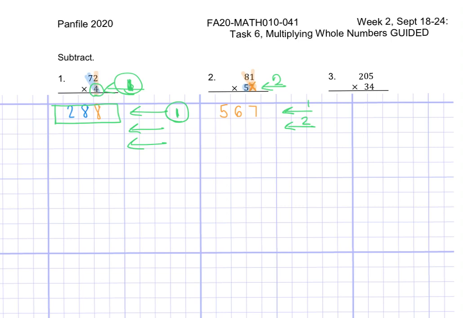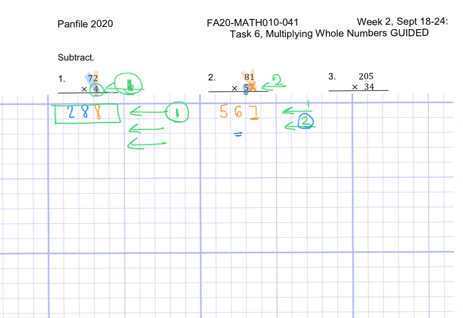Because we are starting this second line, we need to denote that somehow. Notice that the 5 is in the tens place. The 7 is in the ones place, which is why we started it in the ones place. But the 5 is in the tens place, so we need to start it in the tens place.